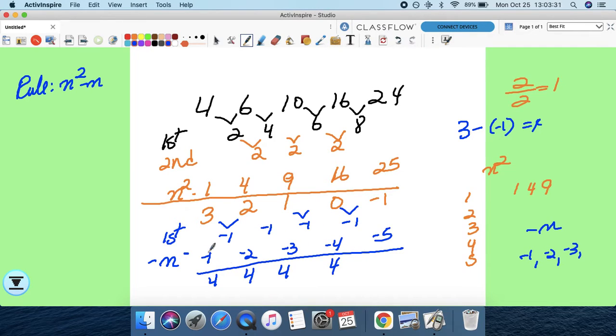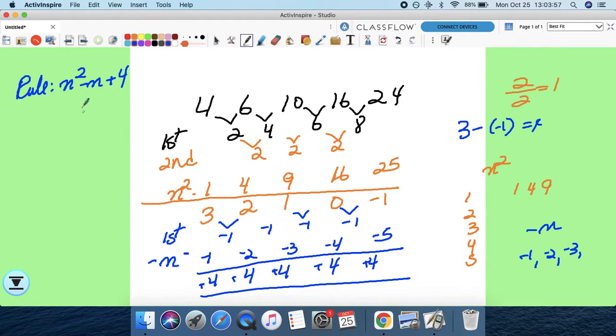So basically I'm asking you, what do I do to this sequence, negative 1, negative 2, negative 3, negative 4, negative 5, to get 3, 2, 1, 0, and negative 1? Don't I add 4? And negative 5, if I add 4 to it, don't I get negative 1? So 3 minus negative 1 is plus 4, 2 minus negative 2 is plus 4, plus 4, plus 4, plus 4. So we're done, and my rule is this.